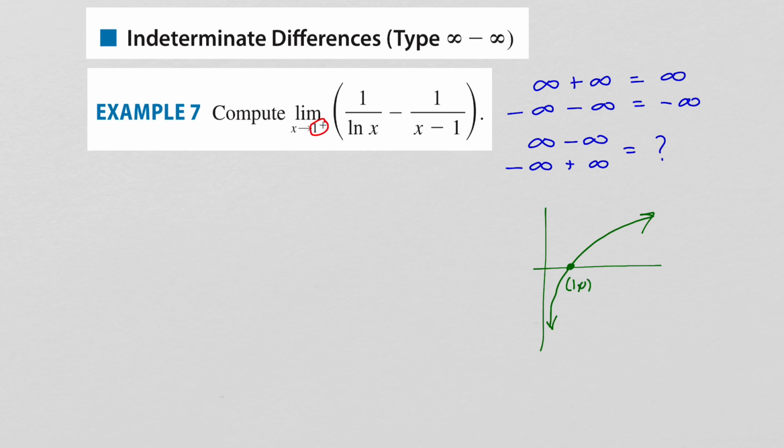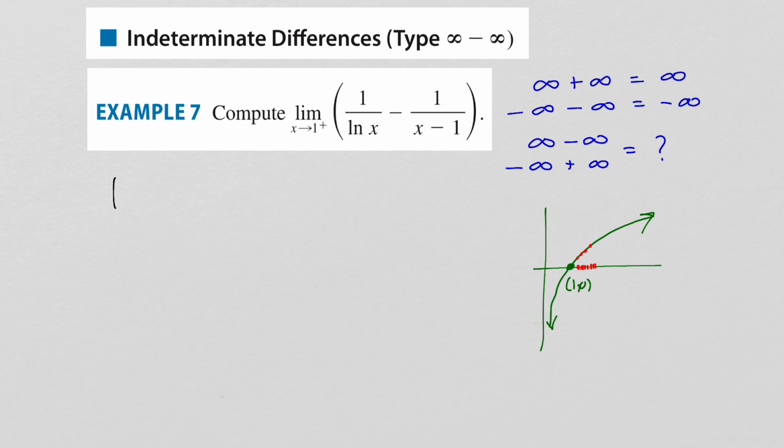If x is approaching 1 from the right, we are approaching 1 here. And as we do that, the values of natural log, of course, are getting closer to 0. But what's important here is that these are above the x-axis. And so yes, it's getting closer to 0, but those numbers are going to be small positive numbers.